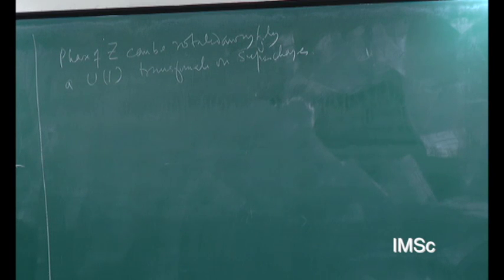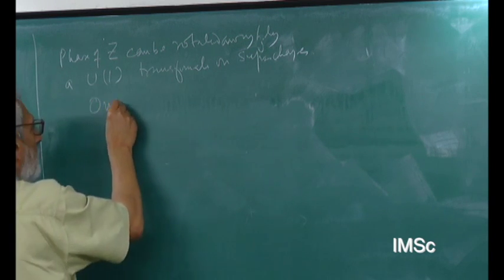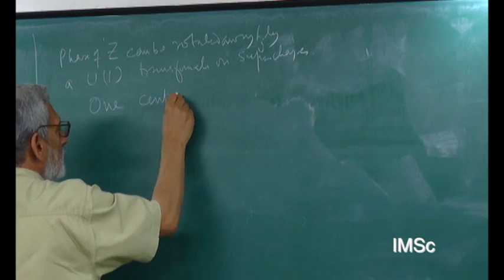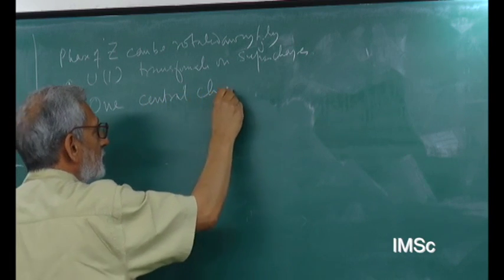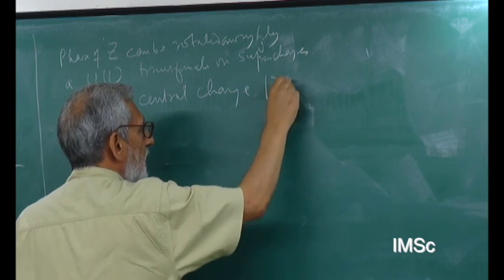So it's only mod Z that is the central charge. So we have only one real central charge in this theory. So only one central charge, that is mod Z.